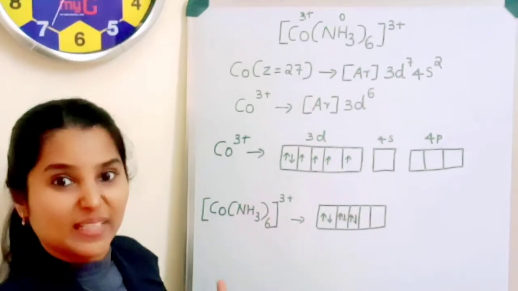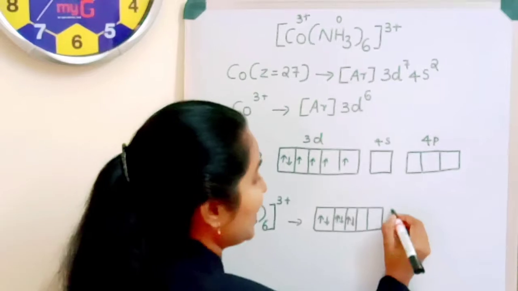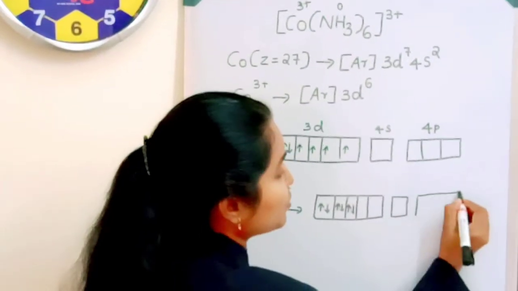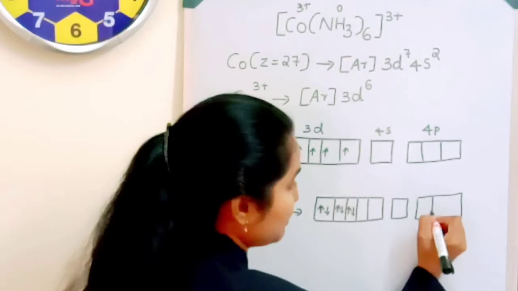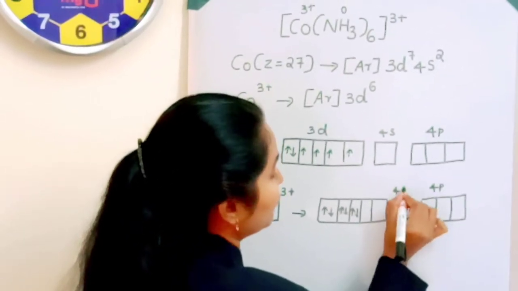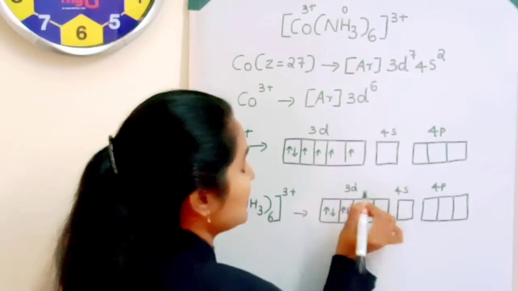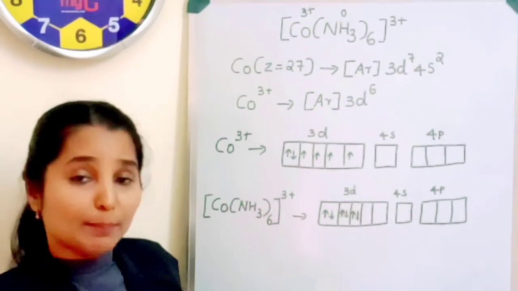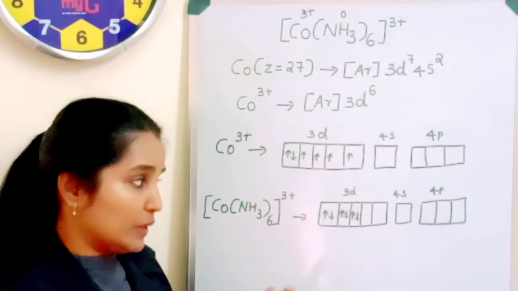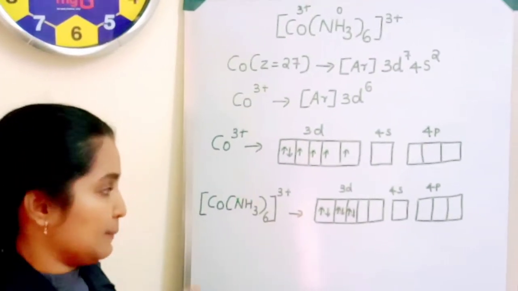Now we have these empty orbitals available for the ammine ligands to take their place: 4p, 4s, 3d. This is the 3d orbital. Six ammine ligands are approaching. They are making coordinate covalent bonds with the central metal atom.